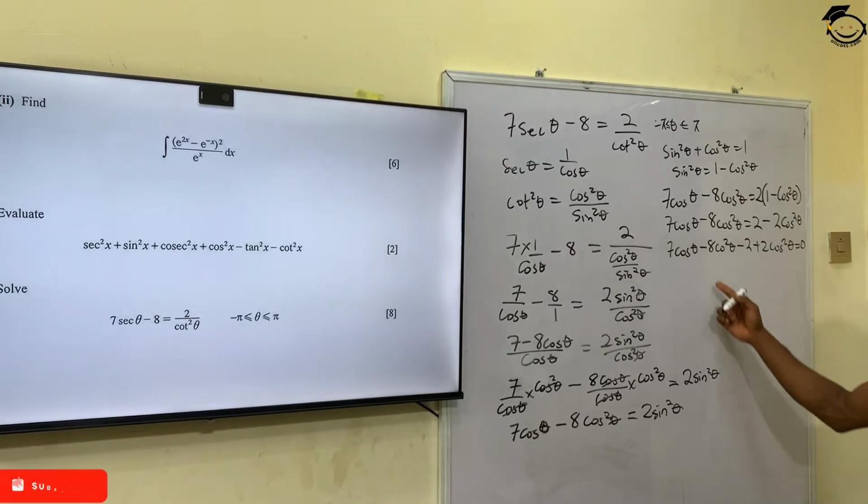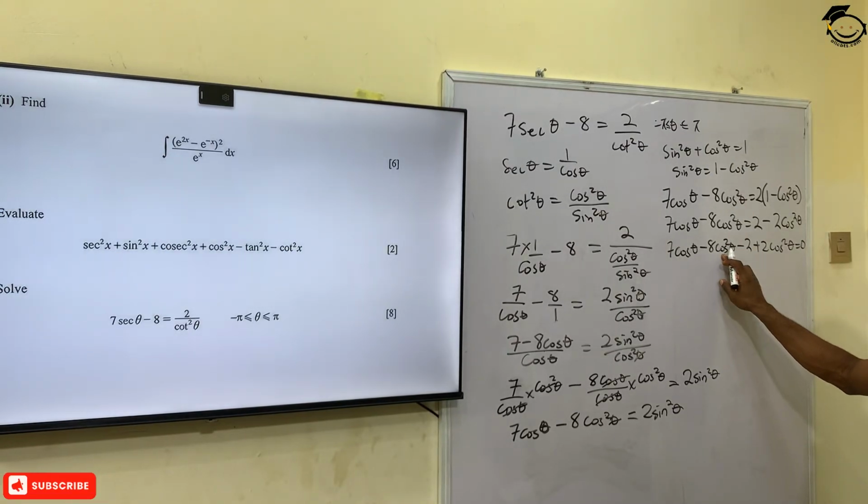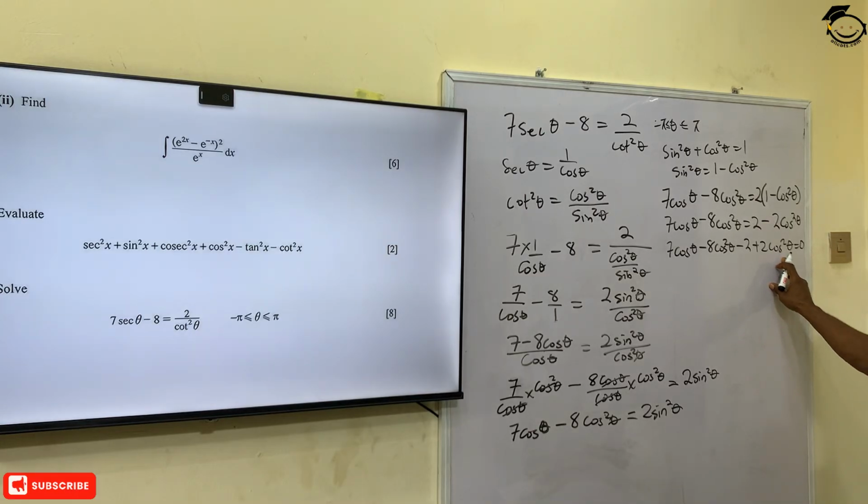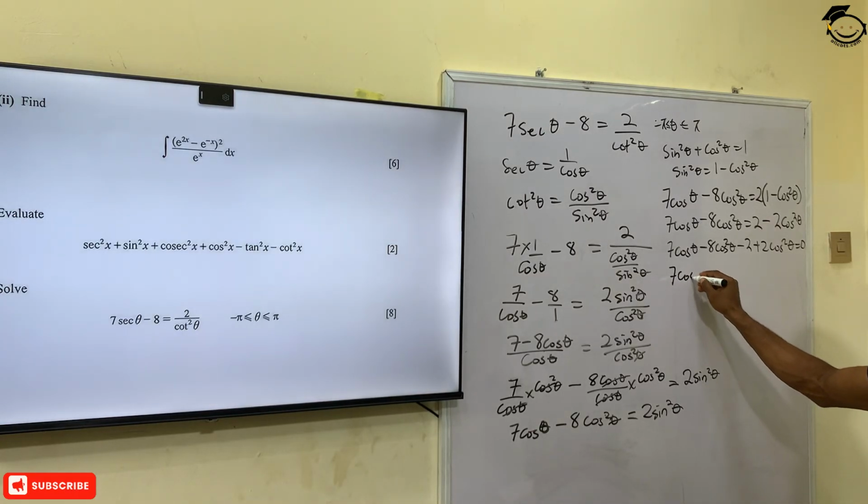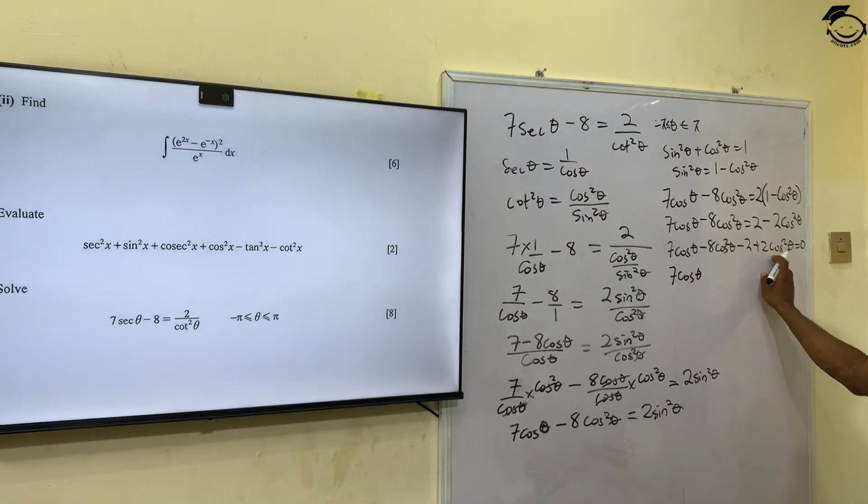Now from here, we collect our like terms. We have our 8 cos squared theta and 2 cos squared theta. So this becomes 7 cos theta, minus 8 plus 2 will give us minus 6 cos squared theta minus 2 equals 0.